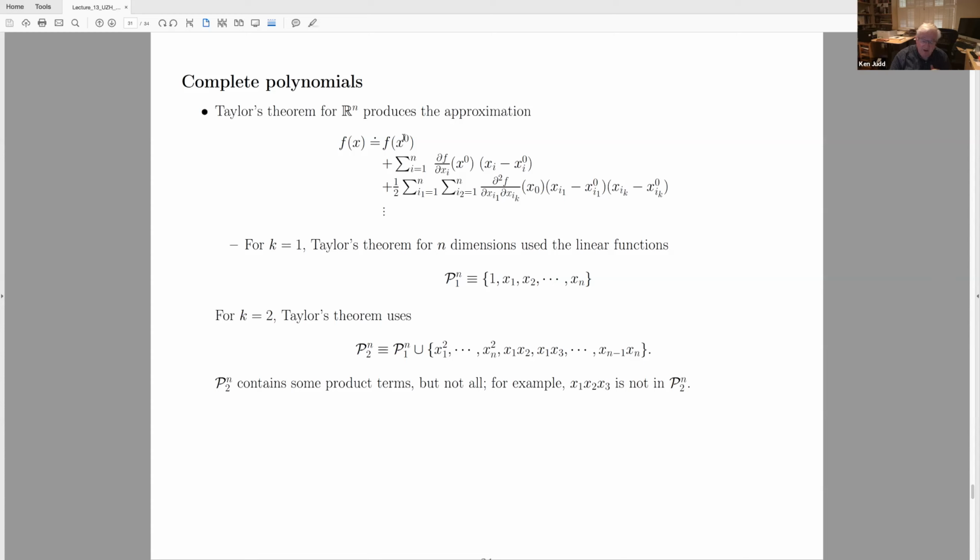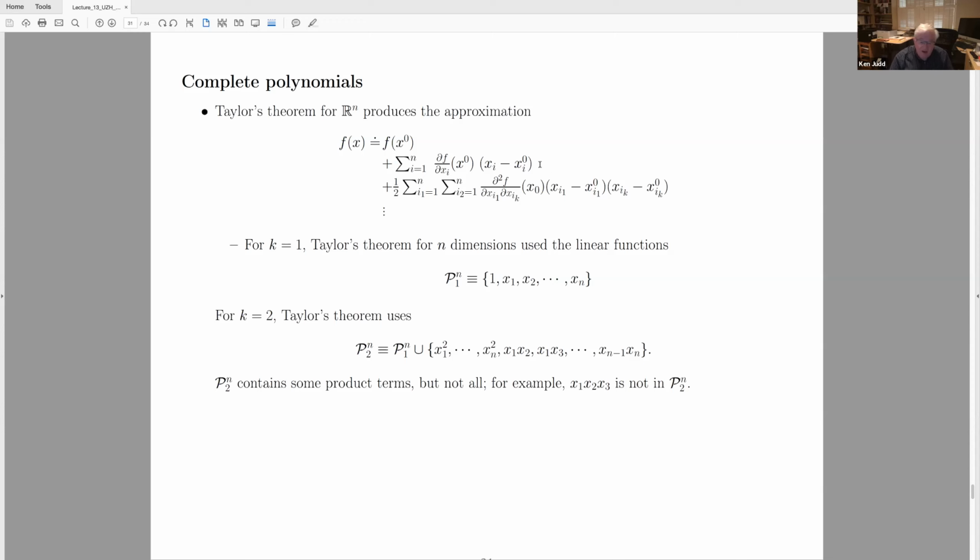If you're doing a Taylor series expansion around x0, that's going to be equal to f of x0, plus a combination of the univariate gradients. This is the gradient of f in direction i, multiplied by the distance between xi and x0i. And so this is going to be a linear approximation. For a linear approximation, you have n terms in your approximation.